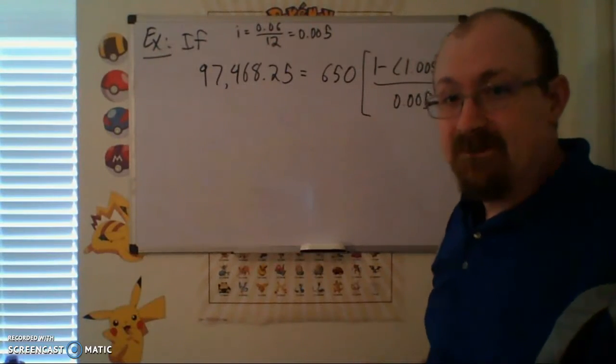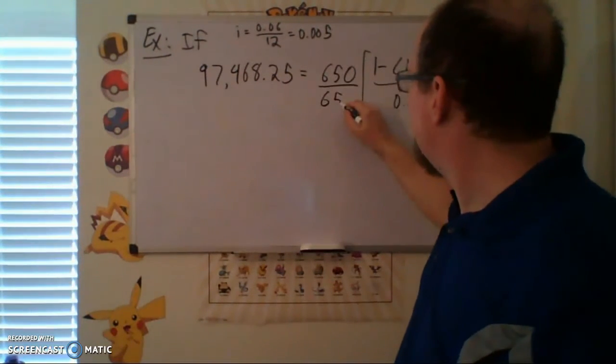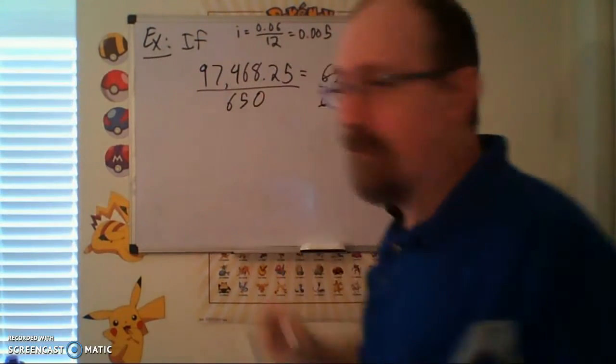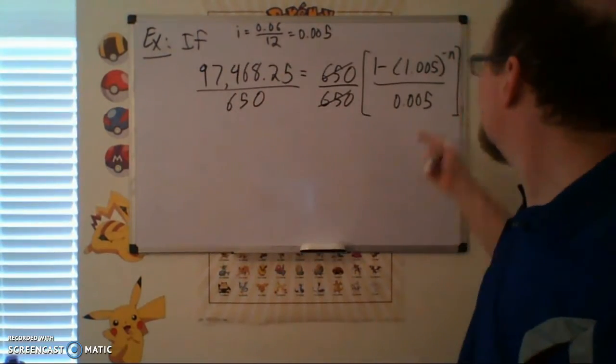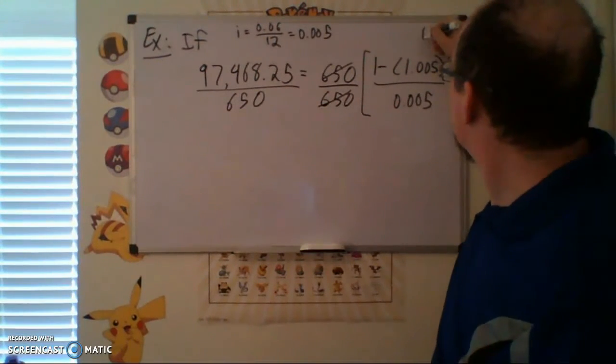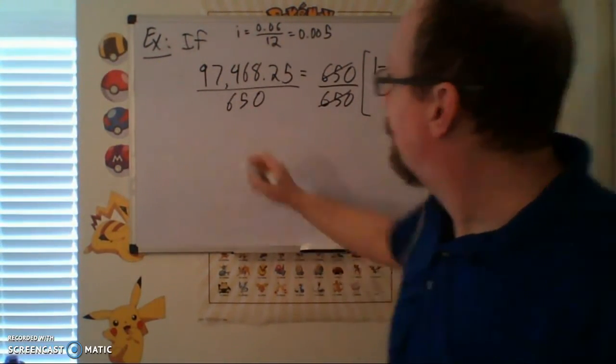All right. So usual routine at this stage. To get rid of the 650, we divide. Whatever we do to one side, we've got to do to the other. To get rid of this division by 0.005, I'm going to multiply by 0.005. Those go poof.